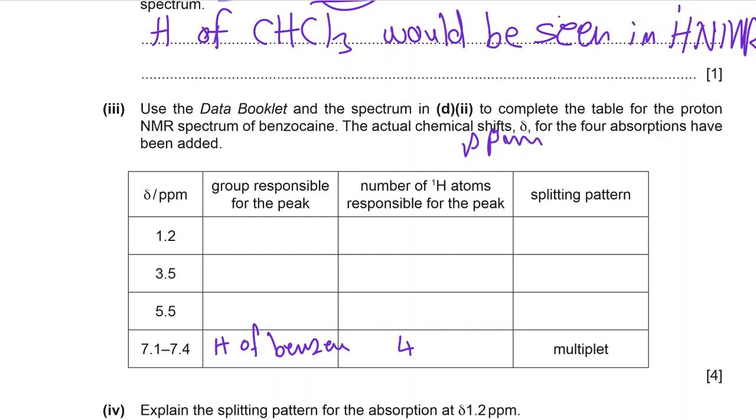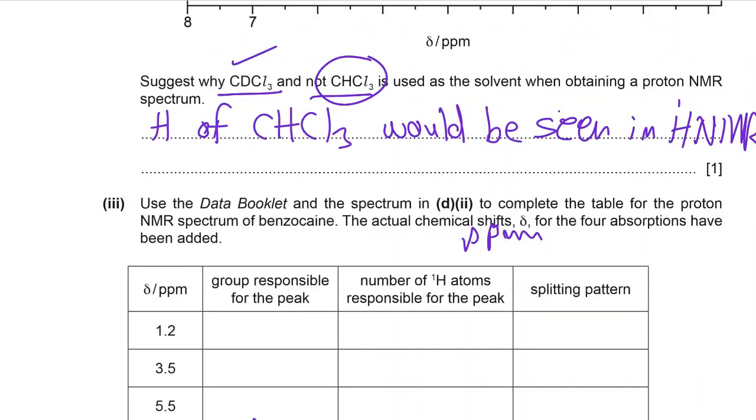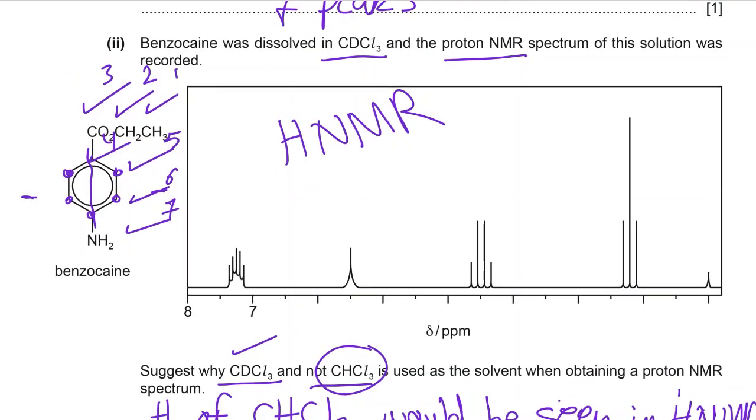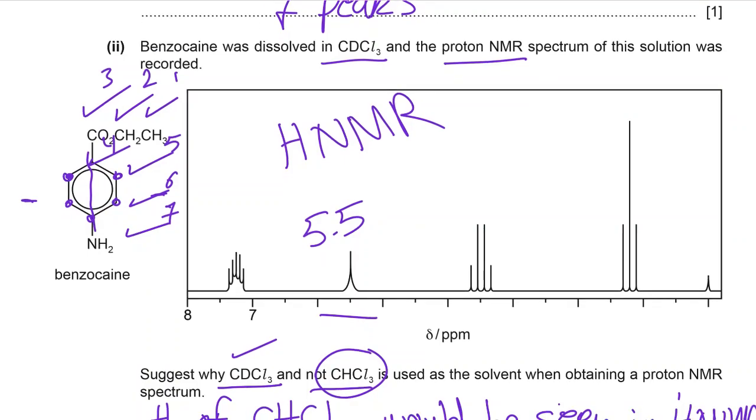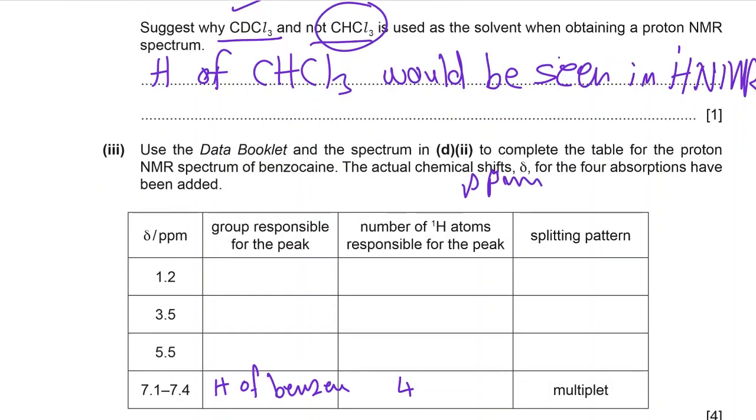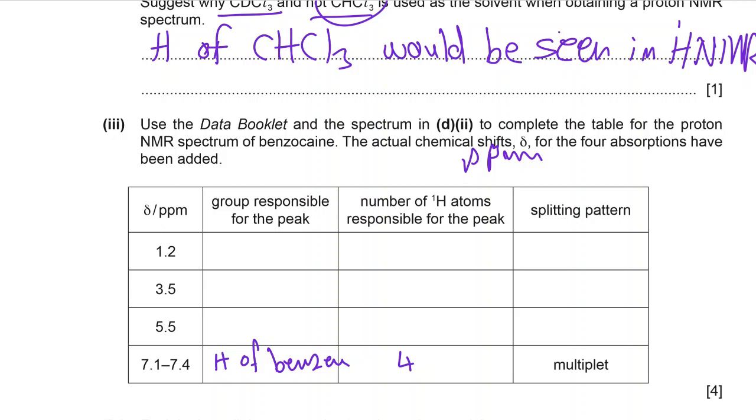And the shape of this peak, it's multiplet. For 5.5, this one, it's very clear for nitrogen, which is the hydrogen of amino groups.